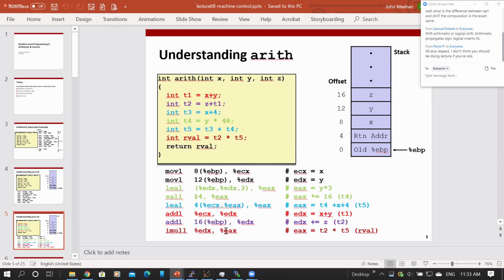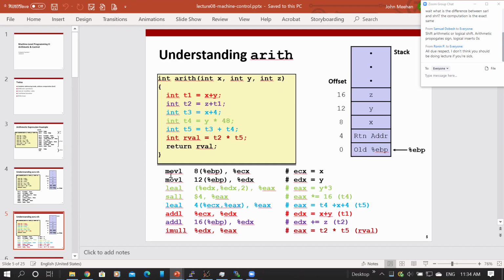Well, by virtue of the way that we set that up and computed it, it was already dumped into the EAX register, right? The thing I wanted to return. So there it is sitting there, and that's the return value from the function. When you get back to the caller, he's going to take EAX as this value you're handing back to him, right? It's always passed in the EAX register, and the 64-bit would be passed in the RAX register.